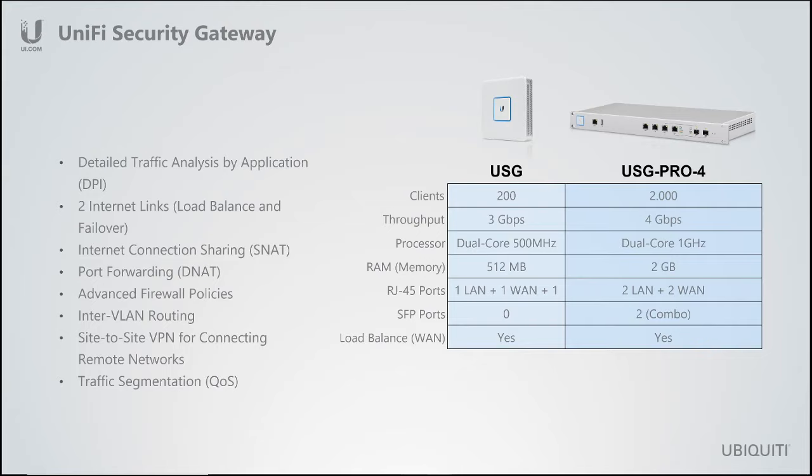It also supports IPS, that is intrusion prevention system, as well as IDS, that is intrusion detection system, and it also has support for GeoIP, in case you want to block traffic from a particular country. You can create rules so that traffic from that entire country will be blocked. That is the traffic to that country or from that country. That is up to you. I hope that answers your question.